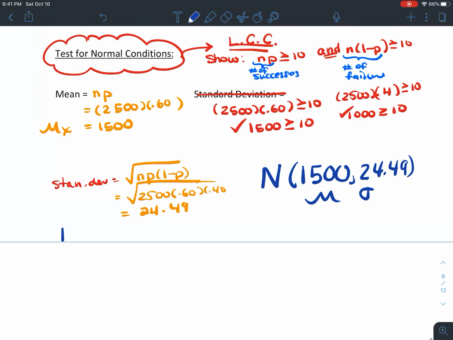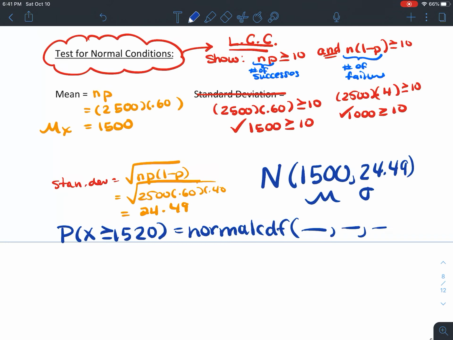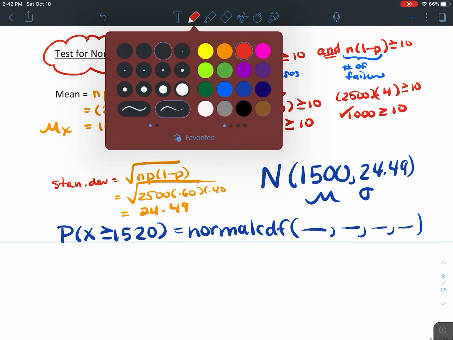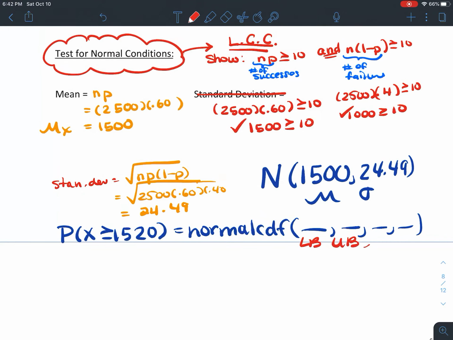To calculate the probability that X is greater than or equal to 1,520, I can do normalcdf. I'll label my inputs: lower bound, upper bound, mean, and standard deviation. 1,520 up to 10,000, 1,500 is the mean, 24.49 is the standard deviation.